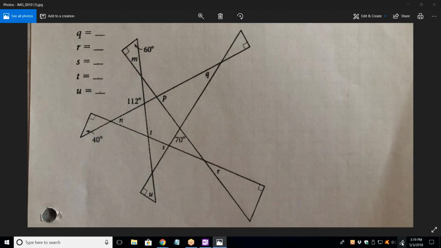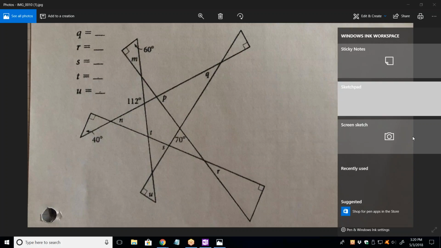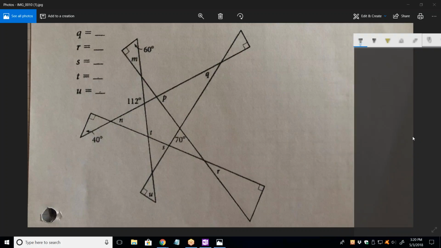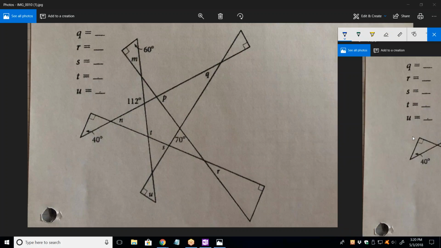So basically the thing is you don't know what other stuff you really need to figure out. They've given us a 60-degree angle, a 40-degree angle, a 70-degree angle, and a bunch of right angles. So let's start there. What's this angle right?